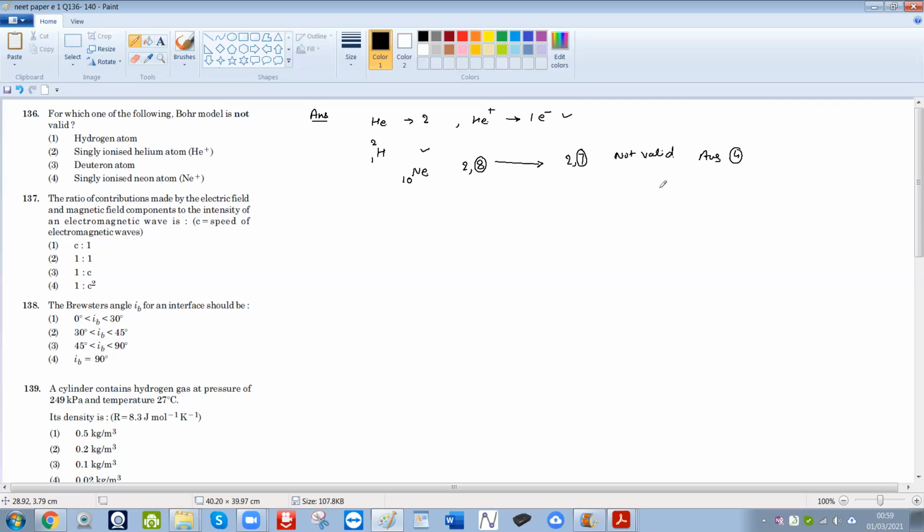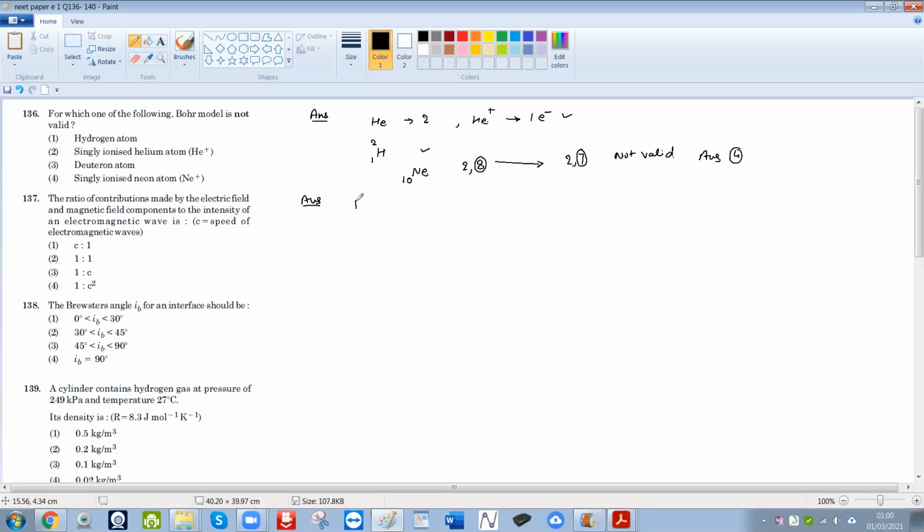Now we come to the next question, question 137. Here we have to compare contribution of electric field and magnetic field to the intensity of electromagnetic waves. So it will be better to remember this basic concept that both electric as well as magnetic field contribute equally to the overall intensity in any electromagnetic wave.